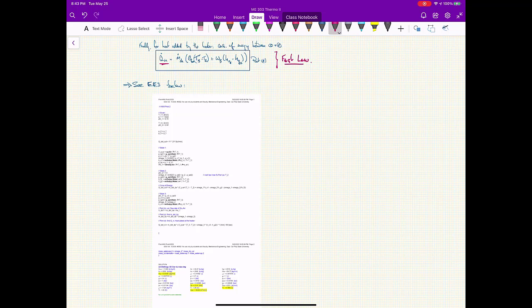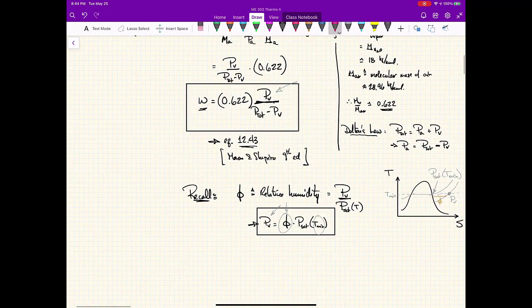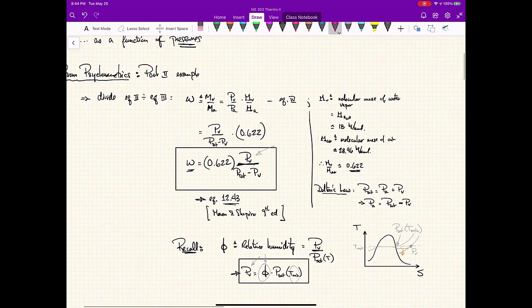Conservation of mass, which is always key to relate mass flow rates of various species between various parts of processes. And finally, to relate the humidity ratio to pressures in the system through my new fangled model here, which is equation 12.43 in the Shapiro book.